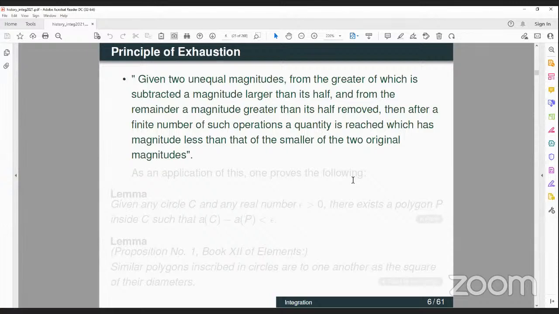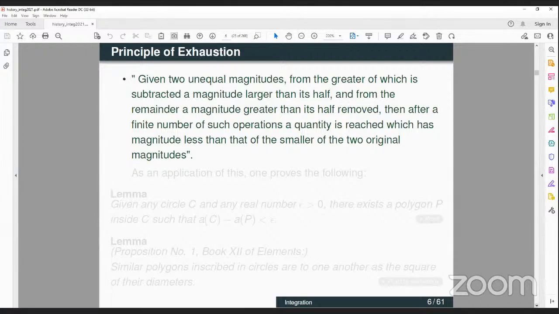So it is given one quantity, and there is a smaller quantity, so more than half of that you remove, and go on removing more than half of whatever is left. So you can make the remainder smaller than whatever you like. So that is what is called the principle of exhaustion.